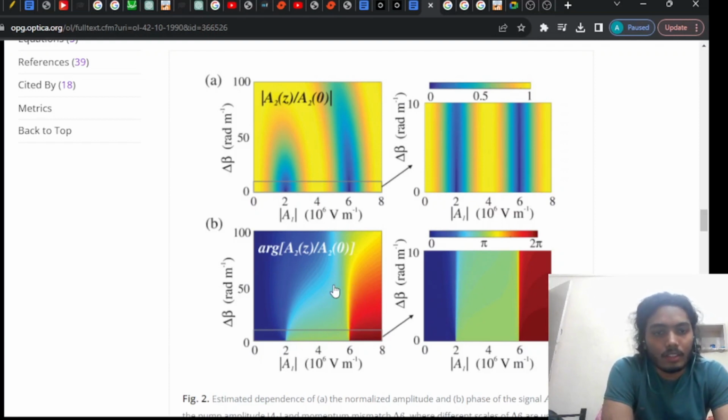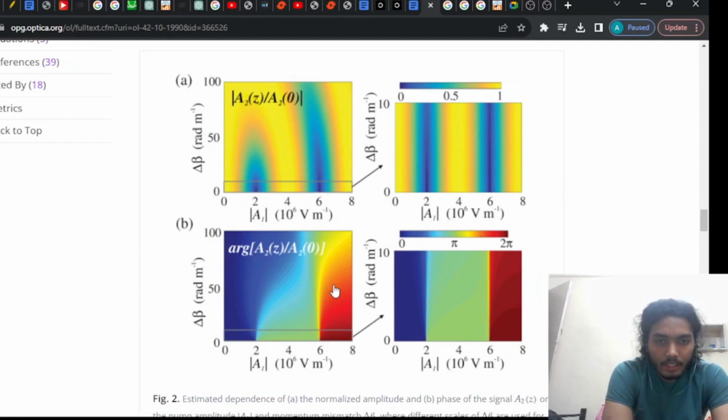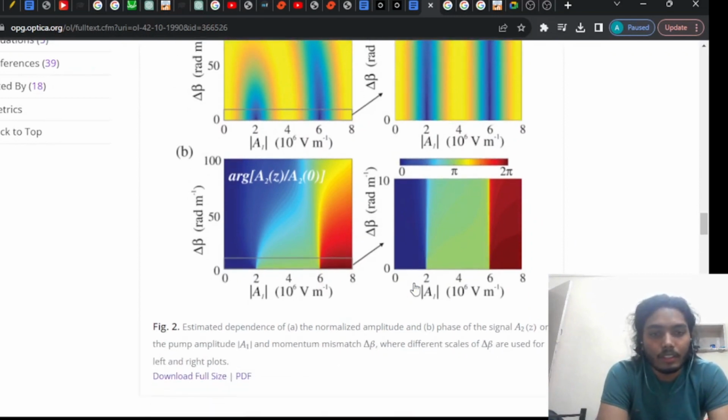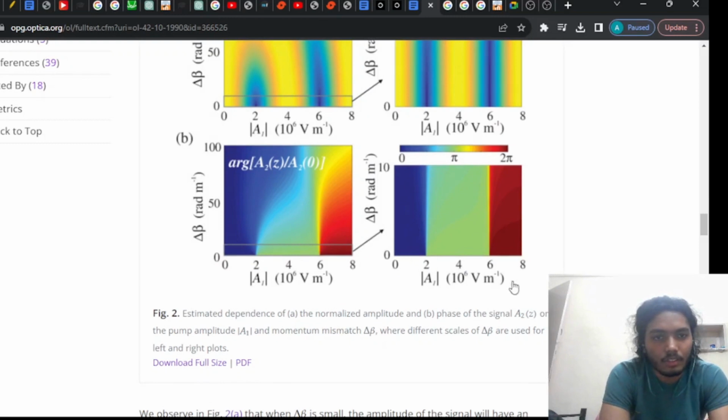This is the contour diagram, and again we can see that for small delta betas there is some periodicity. You can see here, this is a zoomed version of this original graph. We are just looking at a small phase mismatch.